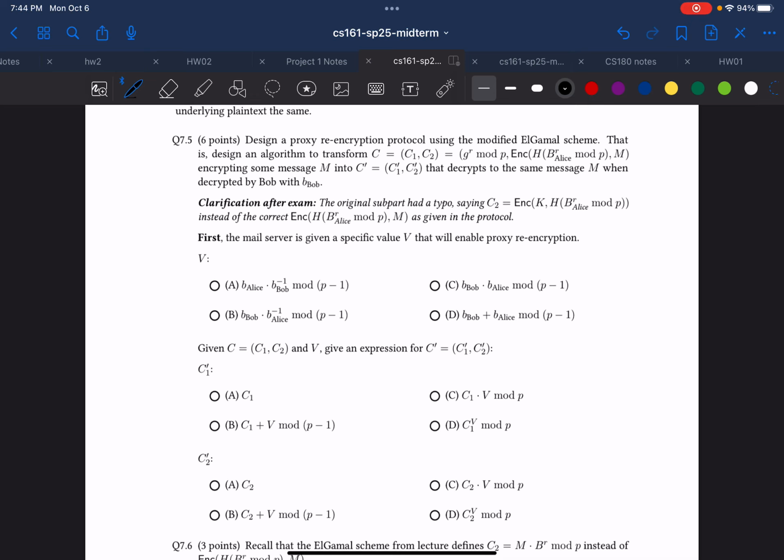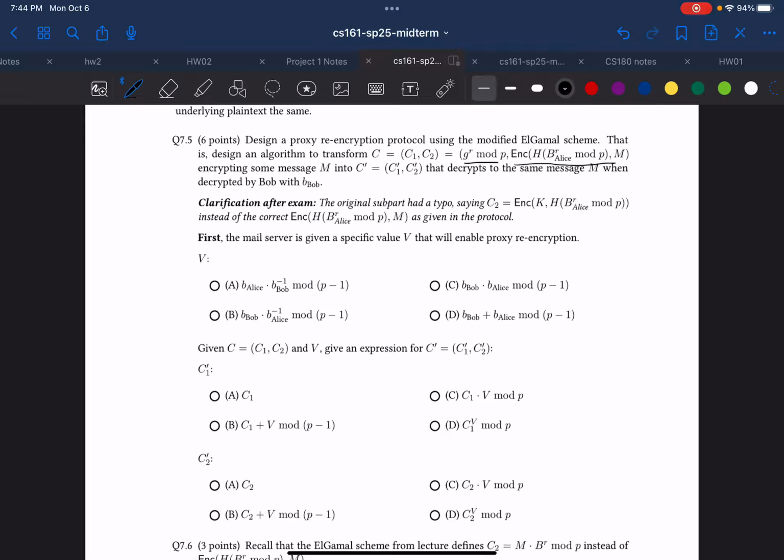That is, design an algorithm to transform a certain ciphertext where C1 is kind of like the key, not exactly the key, it's g^r mod P, and C2 is the encryption of the actual message using the key.